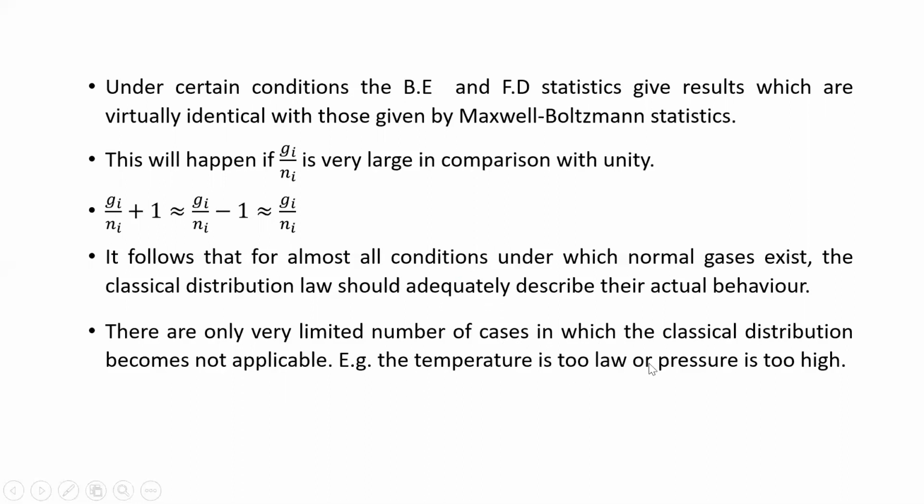In these situations, we should apply the quantum statistics, because in those cases, Gi by Ni becomes comparable to 1. And in all the other cases, we shall consider Gi by Ni very large compared to 1, and we shall apply classical statistics.